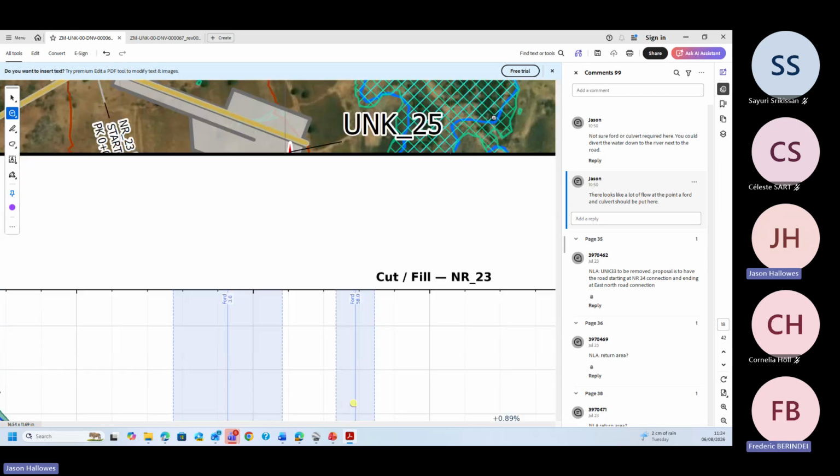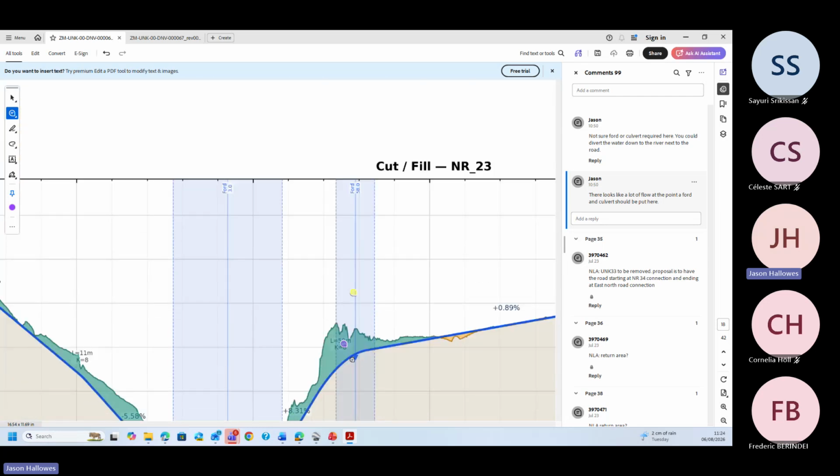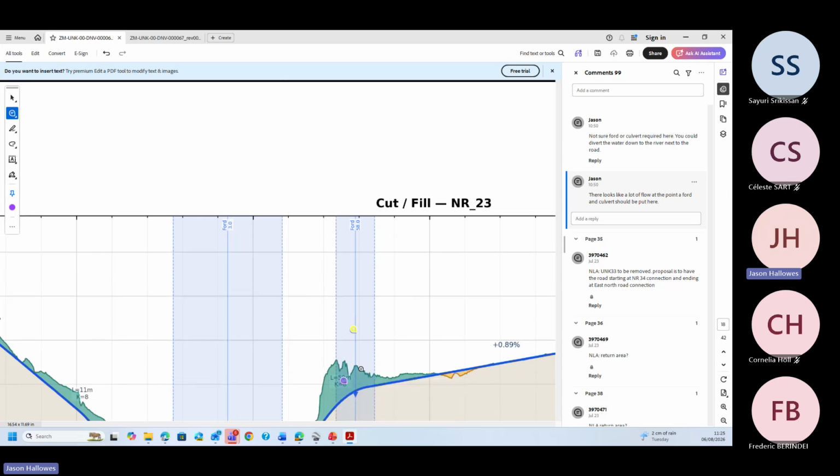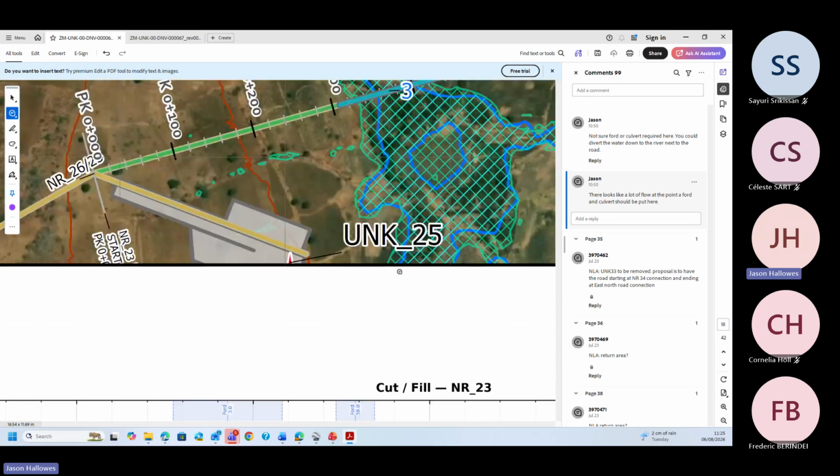There's definitely no need for a culvert there because you've gone below ground surface. So you can see there is a little bit of a channel, but it's tiny and it doesn't need to be there. So to me, the model picked that up. What happens with the model is it's taking the surface drainage, so anywhere where there's a depression, some water will accumulate, but it's not necessarily flowing.